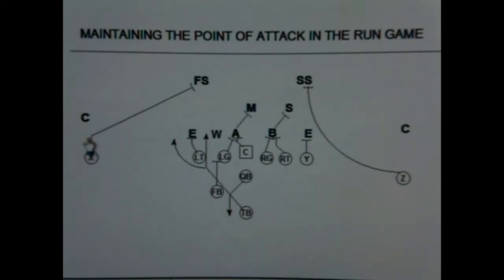We'll get the same push crack out here against too high. Nothing will change. The only thing that's different is we will take this left tackle and we will ask him to come down here on that B gap player.